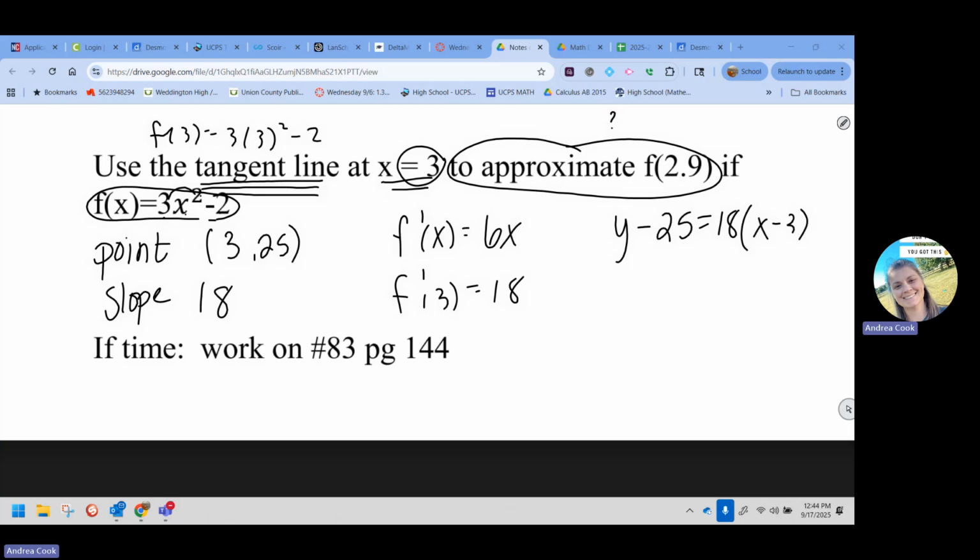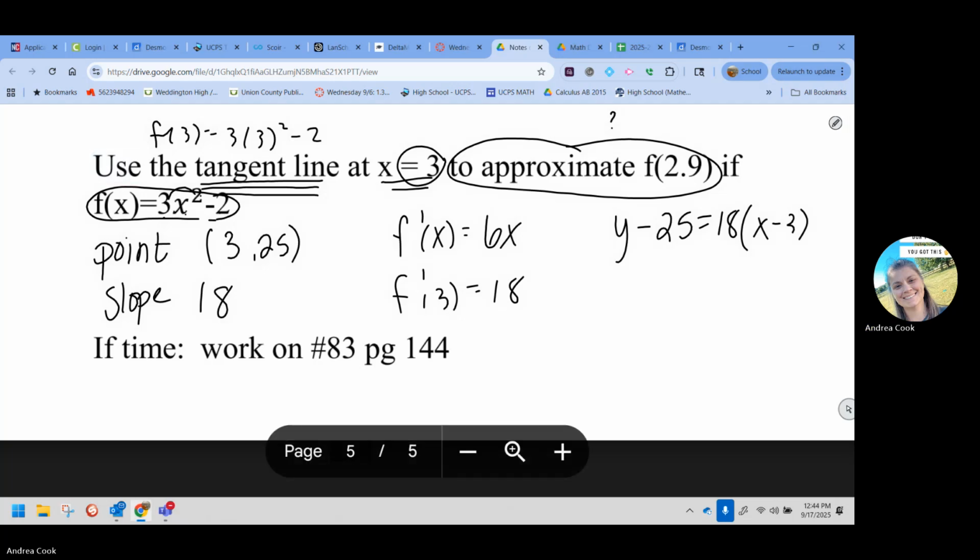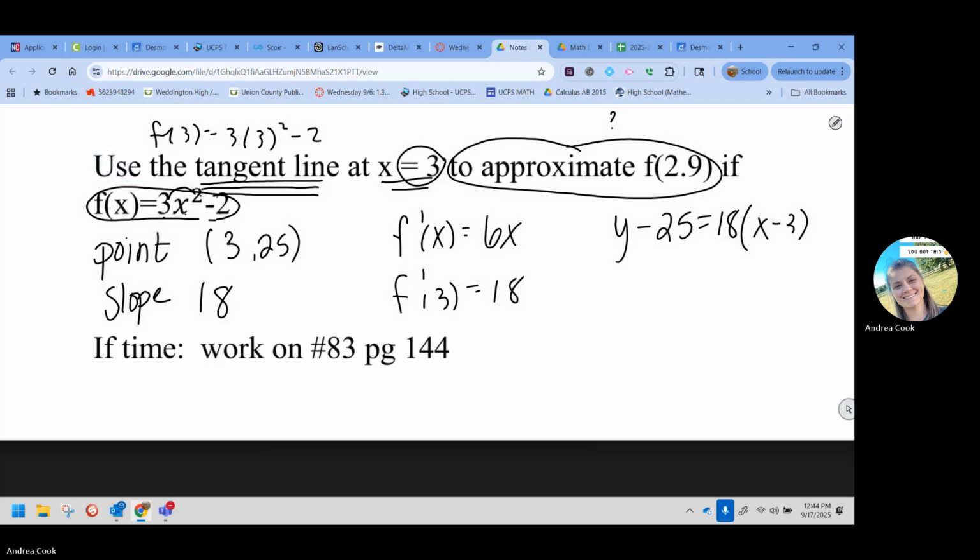Okay, so I have now a new equation, and it says use the tangent line. I'm going to use this to approximate, and I'm like, well, what does this mean? f of 2.9, that means plug in 2.9 for x.